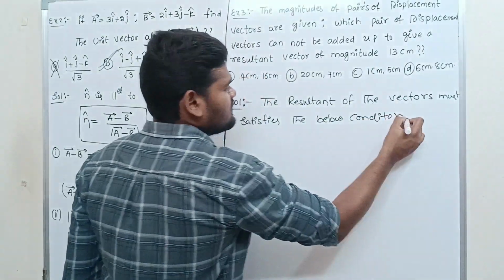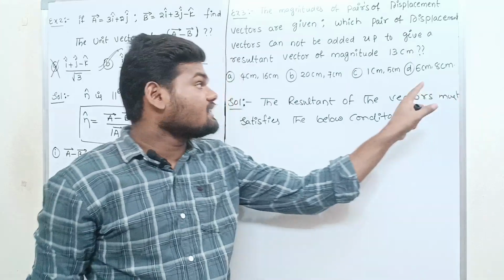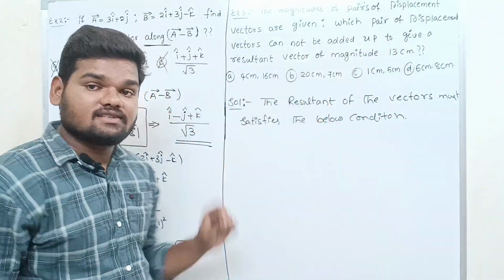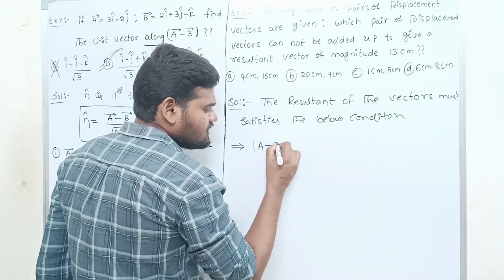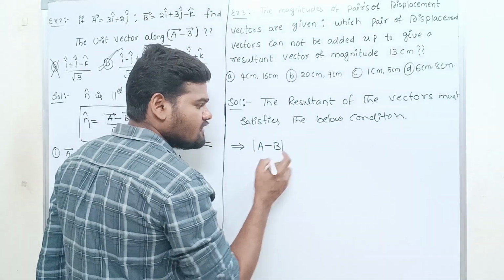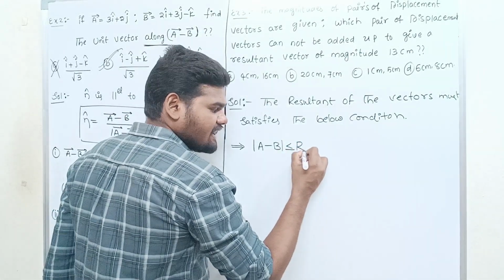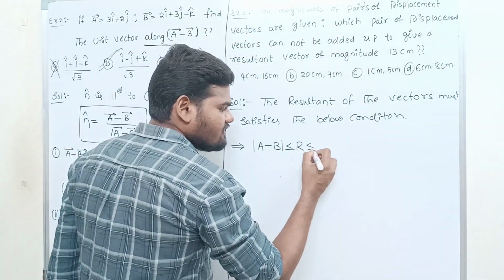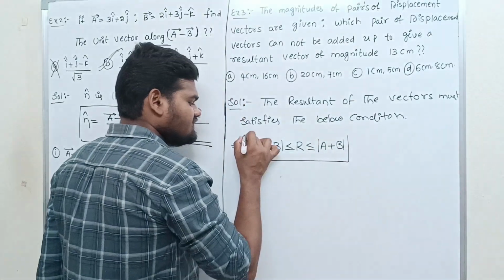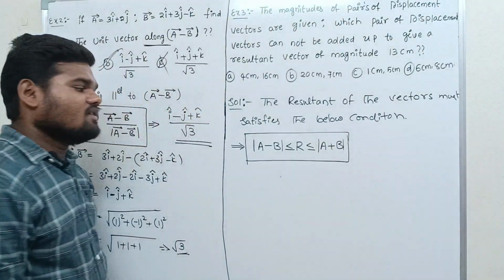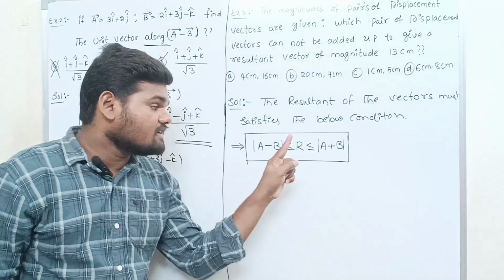When we add the pairs of the magnitudes of the two vectors, that must give 13 centimeters. So the condition is: magnitude of a minus b is less than or equal to the resultant vector, which must be less than or equal to magnitude of a plus b. So this is the condition we have to use.